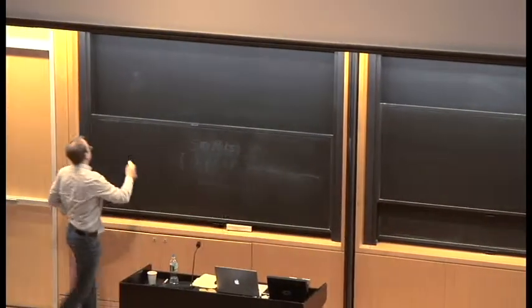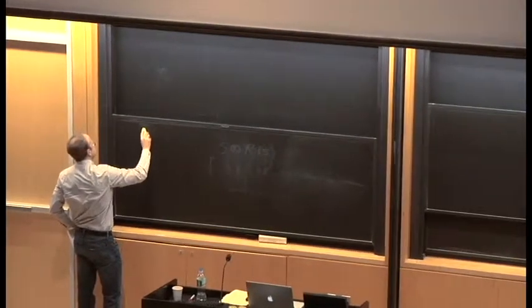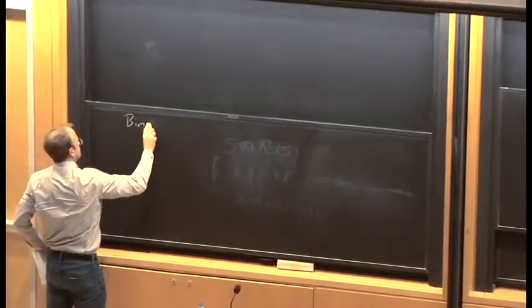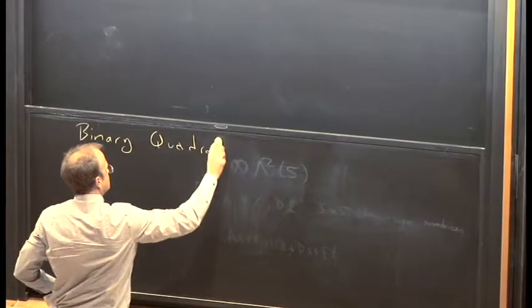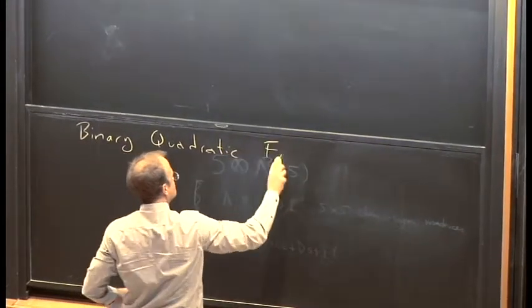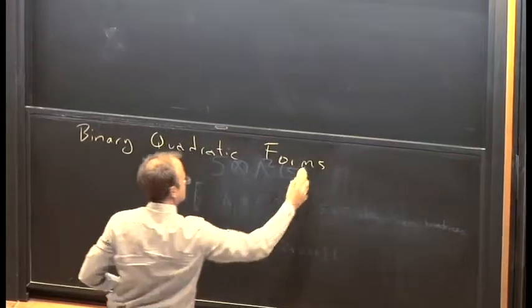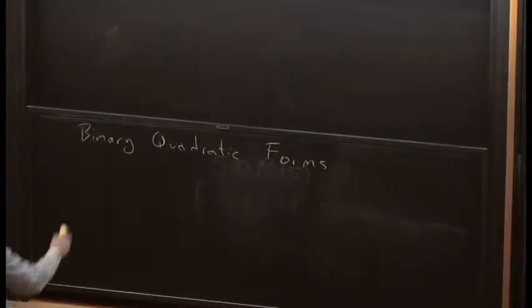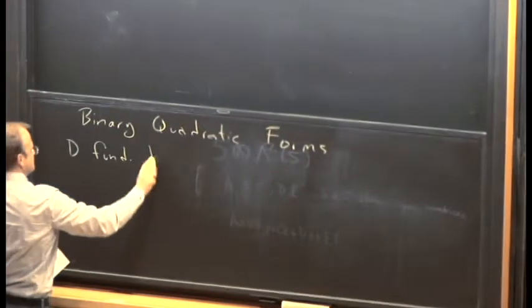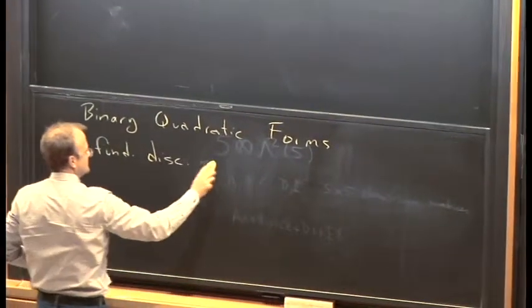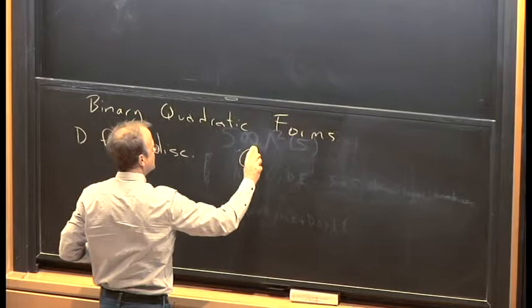The subject is all about binary quadratic forms with integer coefficients. I'm going to assume D is a fundamental discriminant, which means that it's a discriminant of a quadratic field.